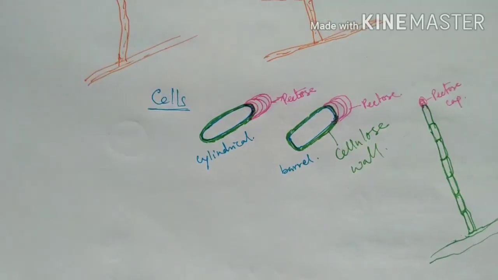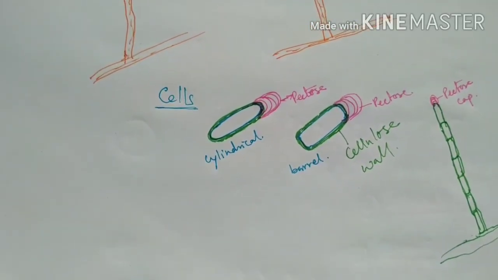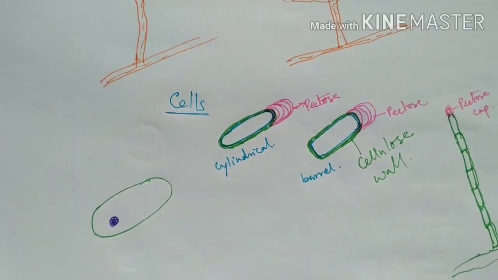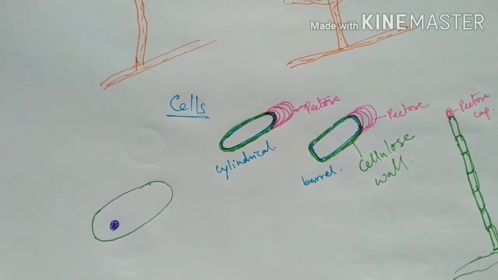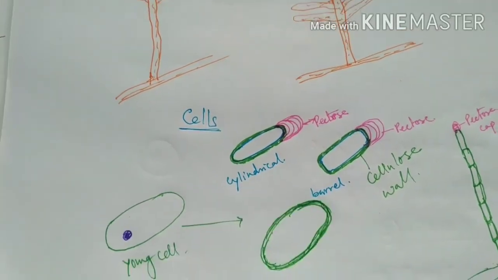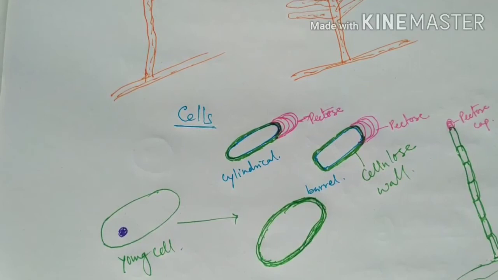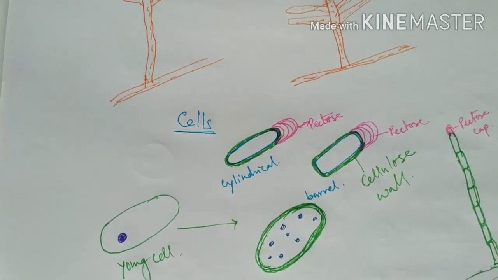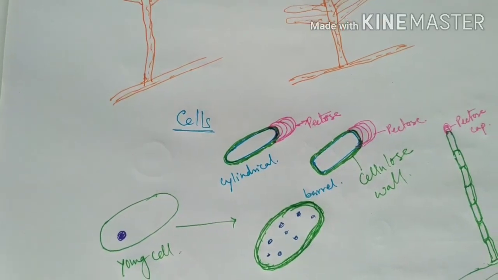Young cells contain a single nucleus, but gradually when they become mature, then cells contain many nuclei. So multinucleated cells are found in the case of maturation.